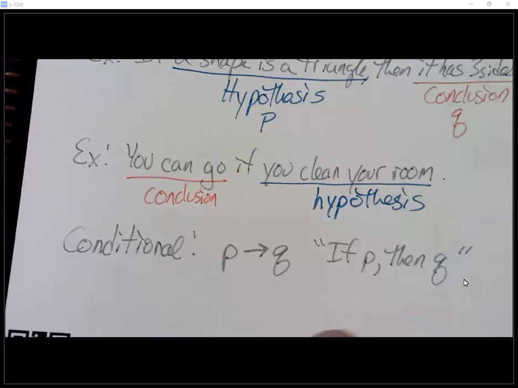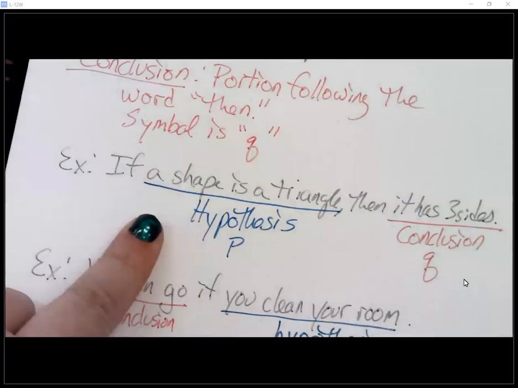I already told you that the hypothesis is P, the conclusion is Q. We're going to switch it up a little bit. What if I took a statement like this one, if a shape is a triangle, then it has 3 sides.